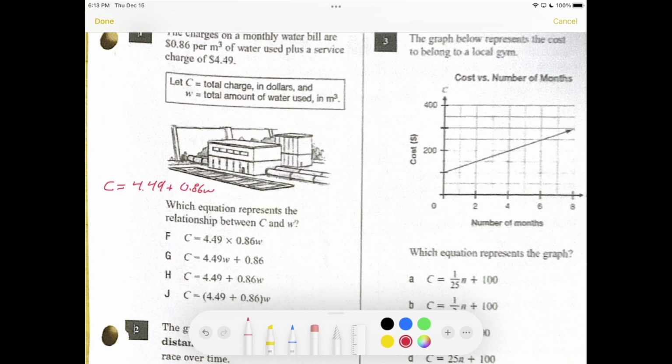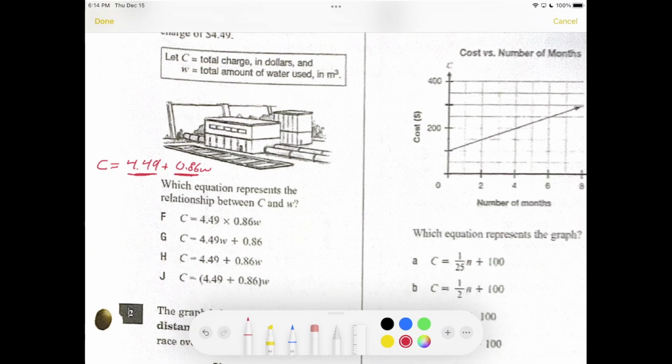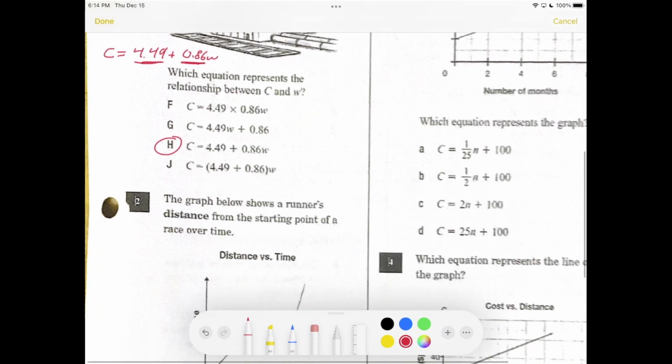So $4.49 initially, and $0.86 or 86 cents for every meter cubed of water used. So let's look at which formula matches this. If we look down here, we know that H matches this perfectly. So the first answer is H.